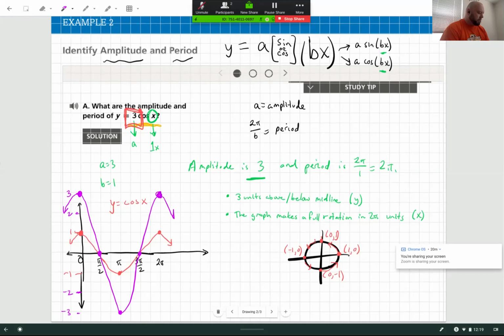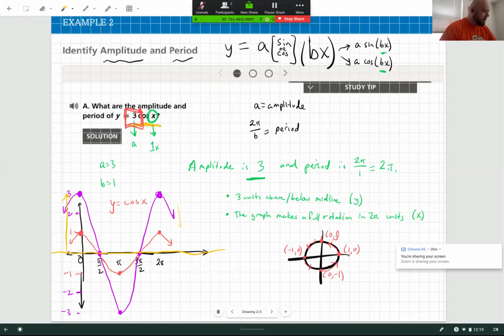If you have the red function, the amplitude was just 1, so it starts up at 1. The midline, let's sketch that on here, is still the x-axis. We still show 3 units above or 3 units below. So that's what your cosine function looks like.